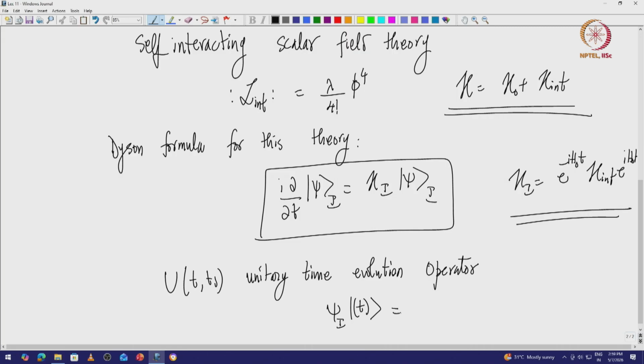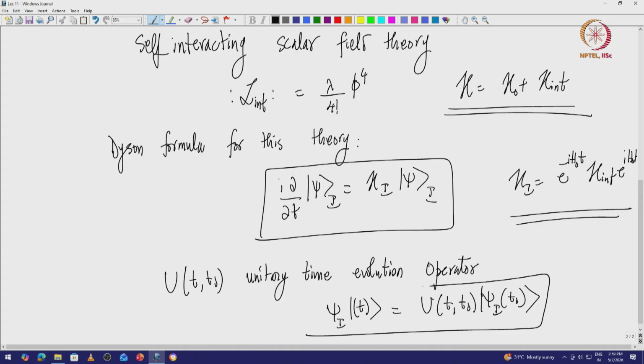I think t is the final time and t0 is the initial time. So, if you start the interaction picture state at t0, U is a unitary time evolution operator which takes it to a time t essentially.